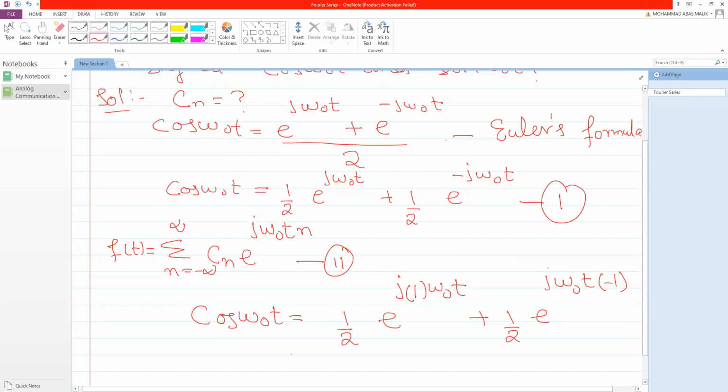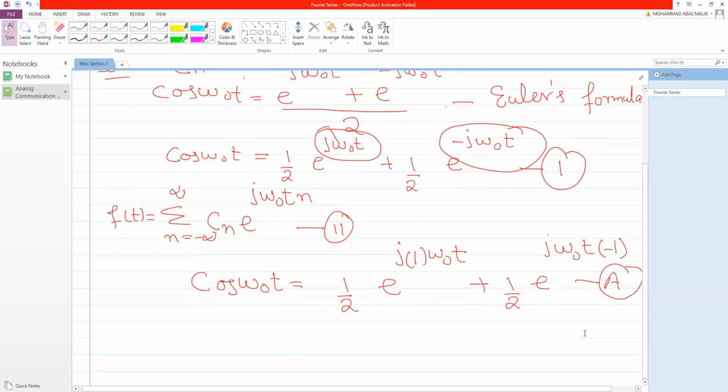Are you getting my point? What have I written here? I reformatted the equation 1 because this one is plus 1 here, and this one is minus 1. I wrote this. Now compare this equation A with equation second. Tell me what will be the result.